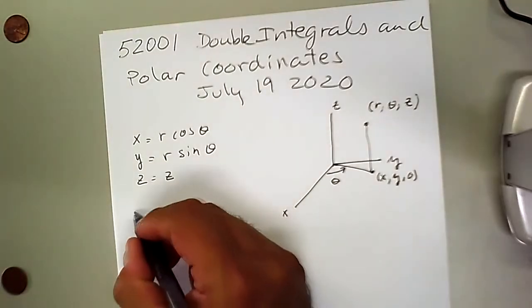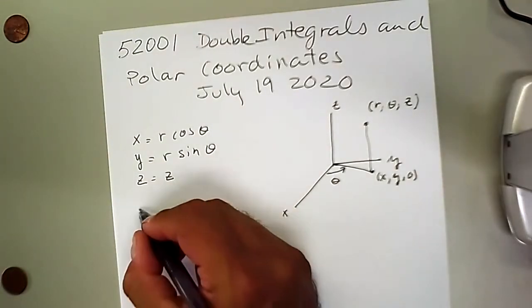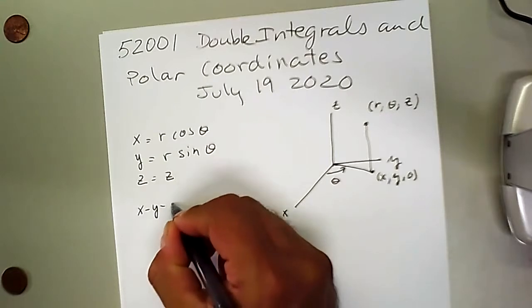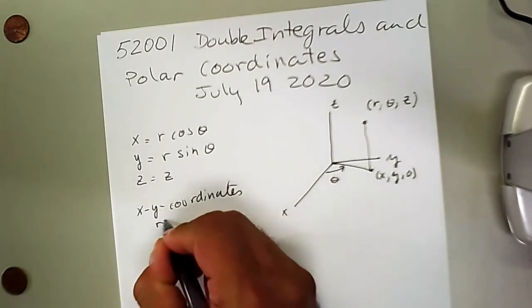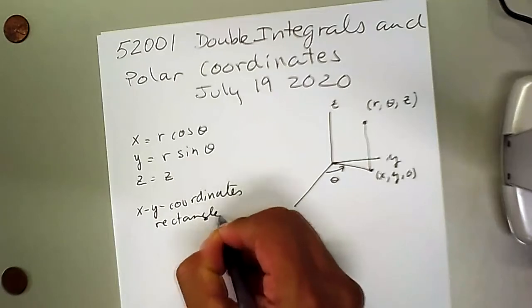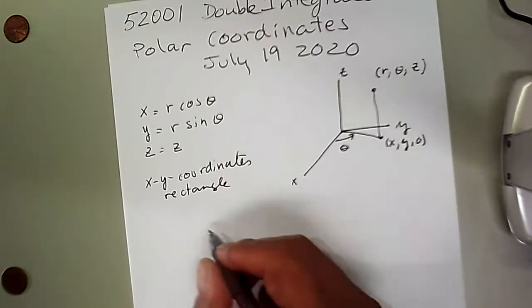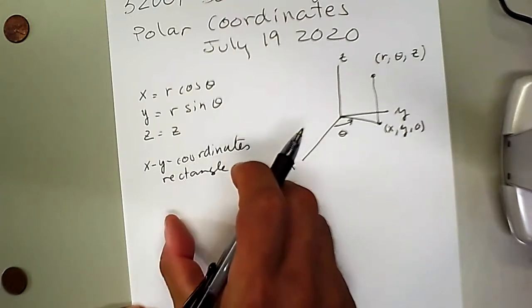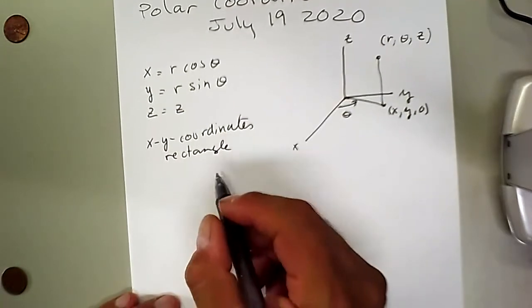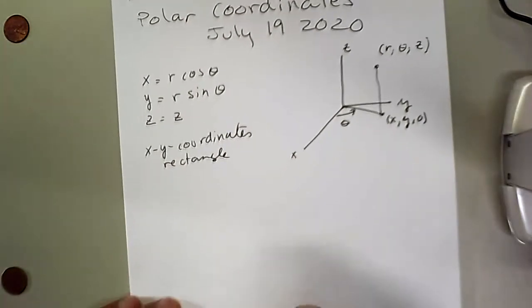What is a rectangle in xy coordinates? By a rectangle, what I mean is that the two variables involved are bounded by a finite number. They don't have a variable boundary.